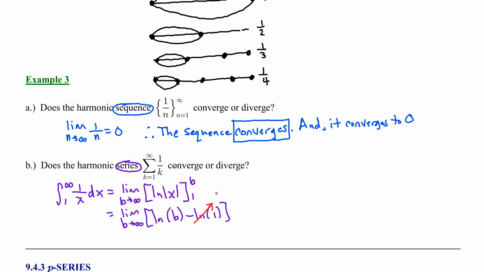Second term's the easy one, that's 0, but notice here the limit is infinity. So by the integral test, the series diverges. Because the corresponding integral diverges, the series diverges.